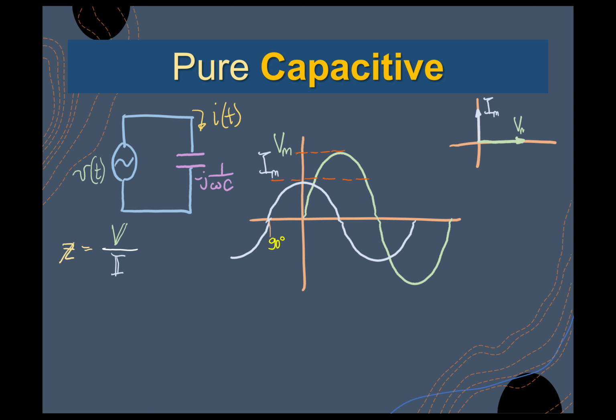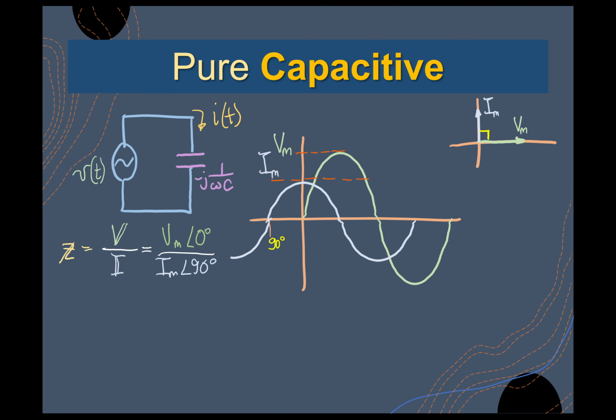Now if you look at the phasor diagram, you see that your Im is 90 degrees leading the voltage. In the previous video we said that your voltage may not be at 0 degrees, as long as they are 90 degrees apart.